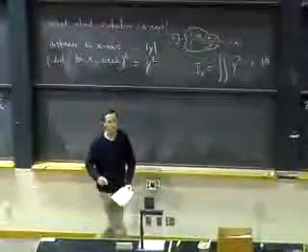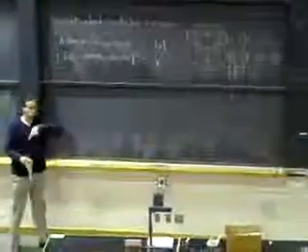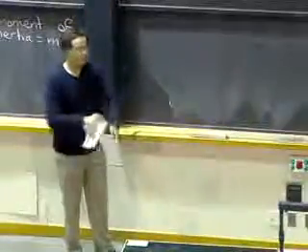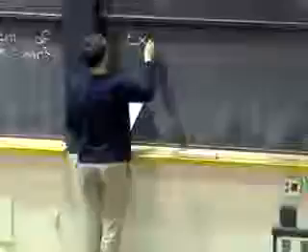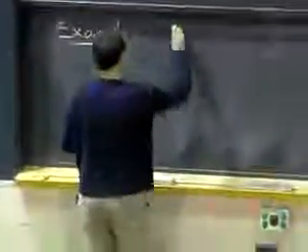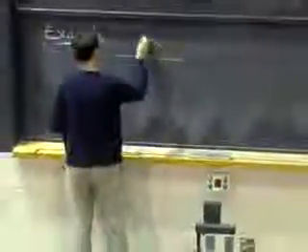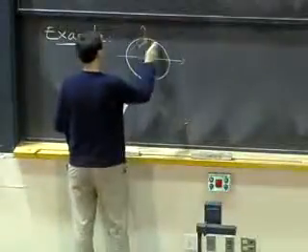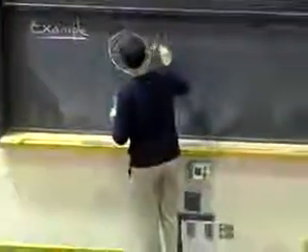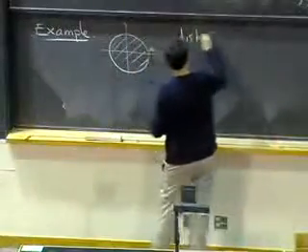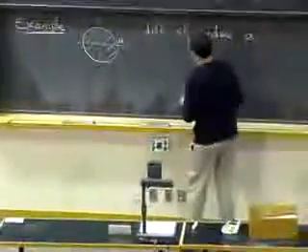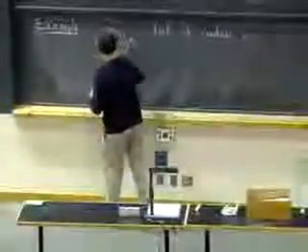Let's try to figure out if we have just a uniform disk, how hard it is to spin it around its center. Okay, so that shouldn't be very hard to figure out. Say that we have a disk of radius a, and we want to rotate it about its center.